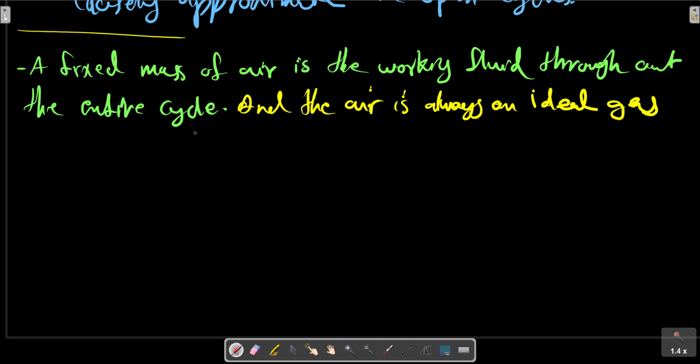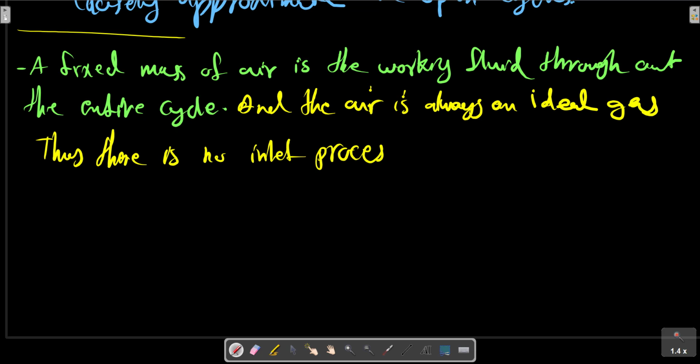Thus there is no inlet process or exhaust process.